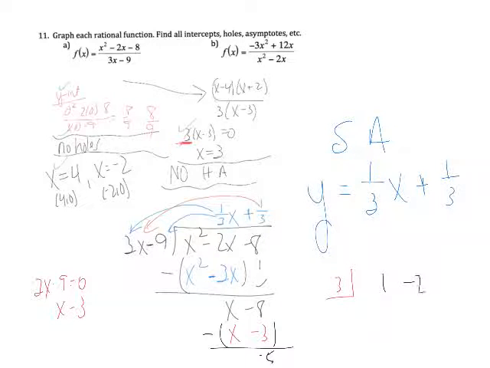So 1, -2, and -8. Bring down your 1. 3 times 1 is 3, -2 plus 3, that's a 1. So 3 times 1 is a 3. -8 plus 3 is -5.